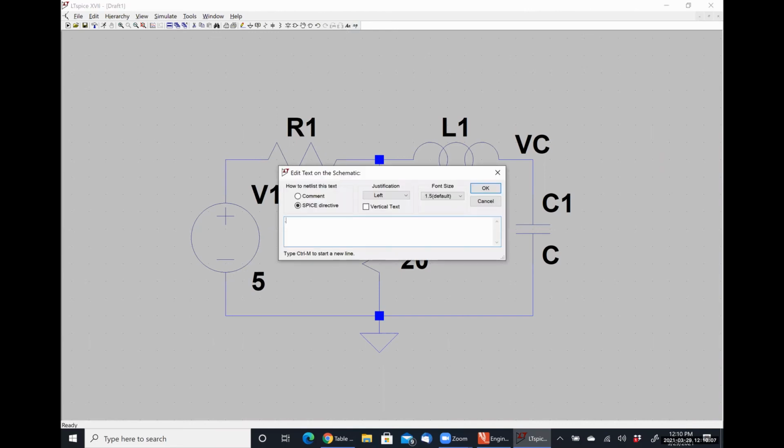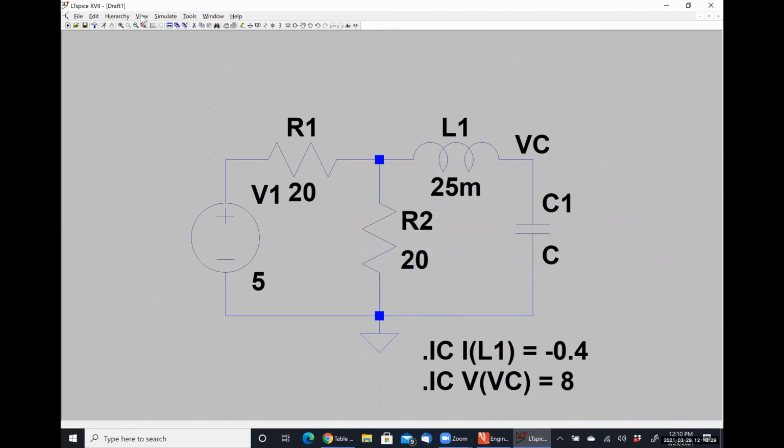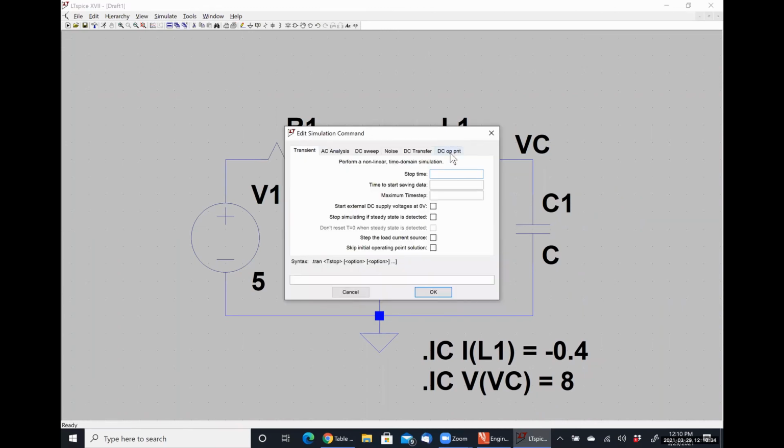So for our initial conditions, the initial condition over our inductor was negative 0.4 amps. The initial condition over our capacitor voltage was 8 volts. And alpha is 200, so it's decaying at a rate of negative 200 whatever per second.